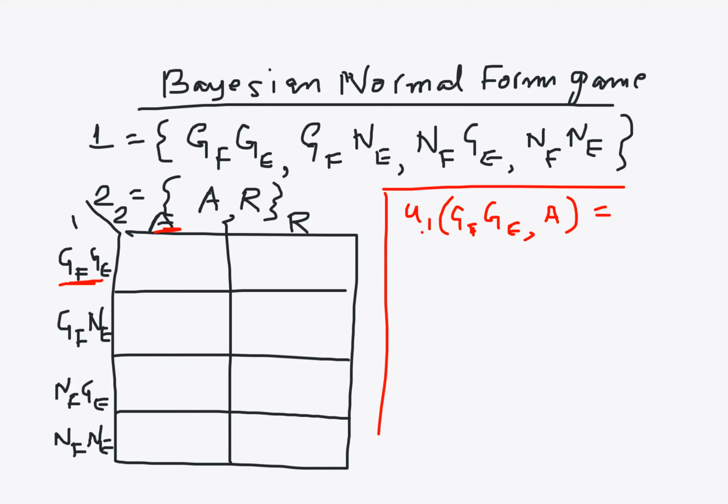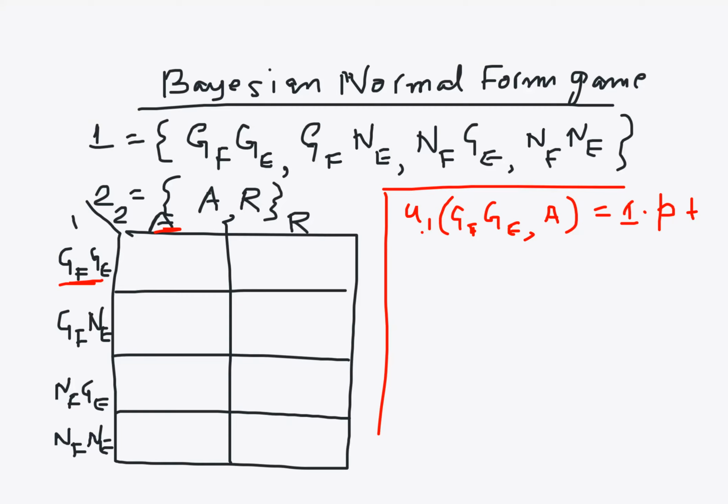And if player 2 accepts the gift, then player 1 gets 1. So 1 is the payoff that player 1 gets with a probability of P if player 2 accepts the gift. And then at the bottom node, player 1 can give gift as an enemy type, and if player 2 accepts the gift, then player 1 gets 1 again.